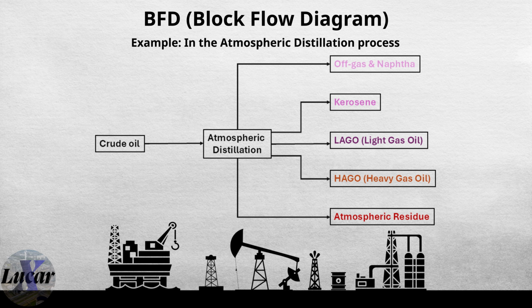In the atmospheric distillation process, crude oil is fed into the distillation tower, fractionator, where it is separated into various fractions based on their boiling points. The process yields the following products: overheads, vapors or naphtha, kerosene as the upper side stream, LAGO or light gas oil as the intermediate side stream, HAGO or heavy gas oil as the lower side stream, and atmospheric residue as the tower bottoms.